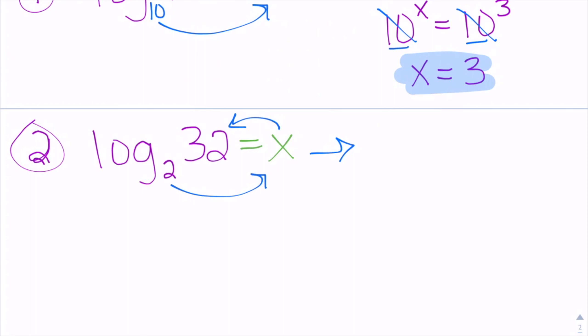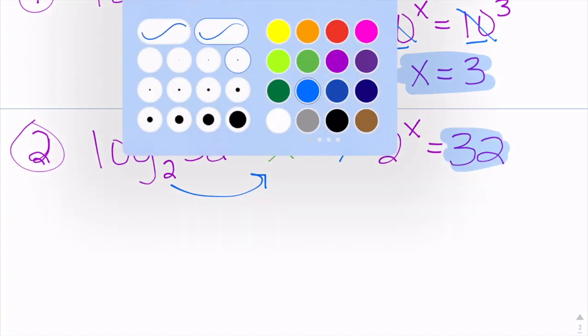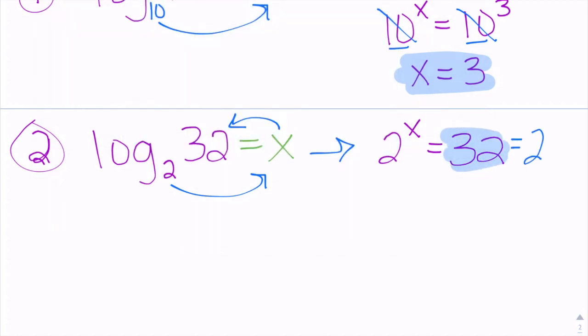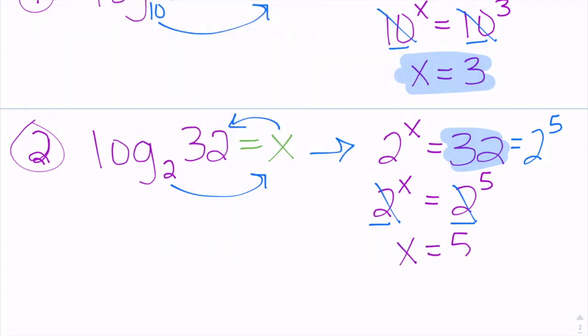And so we get 2 to the x power equals 32. 32 here can be written as 2 to the 5th power. So we're going to rewrite this to be 2 to the x equals 2 to the 5th. And now that our bases here are both 2's, we can ignore the bases and say that x equals 5. And that's our final answer.